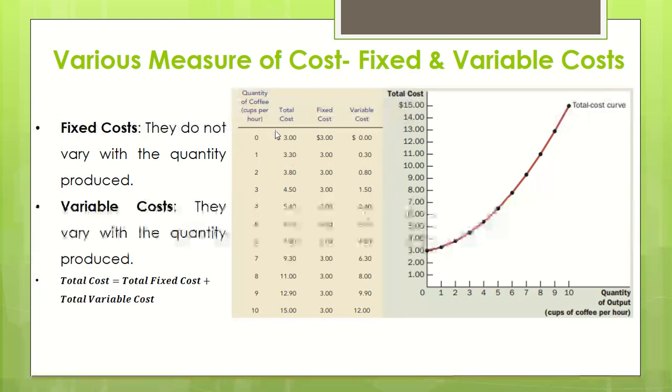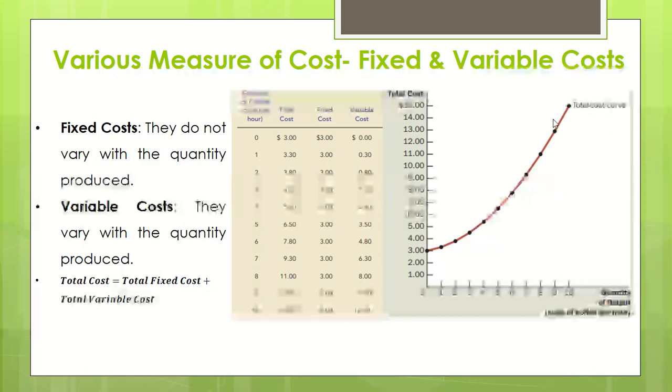And if we plot this point here, that means when the quantity of output produced is at unit 1, so at same point the total cost is $3.30. So cutting it short, by plotting all the values of quantity of output and the total cost, we can get different points on graph, and by joining them we can get the total cost curve.